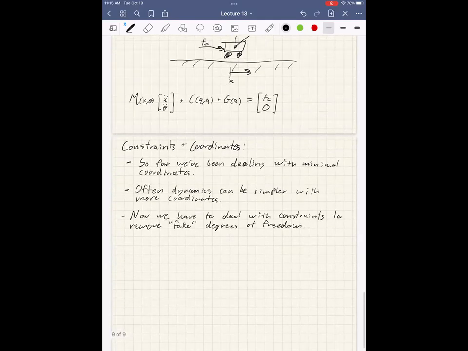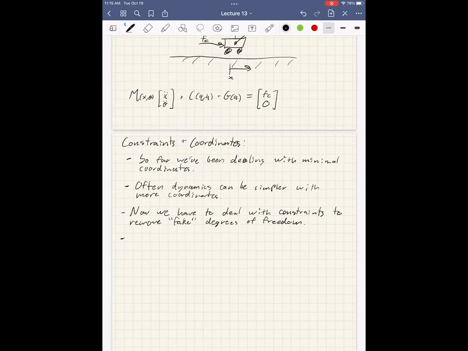Okay, so we've already seen how to handle constraints in the Euler-Lagrange setup, in the variational derivative setup. When we did the hanging chain, remember we had endpoint conditions that had to be satisfied, and we threw a Lagrange multiplier term in there, right? So that looked sort of like this.